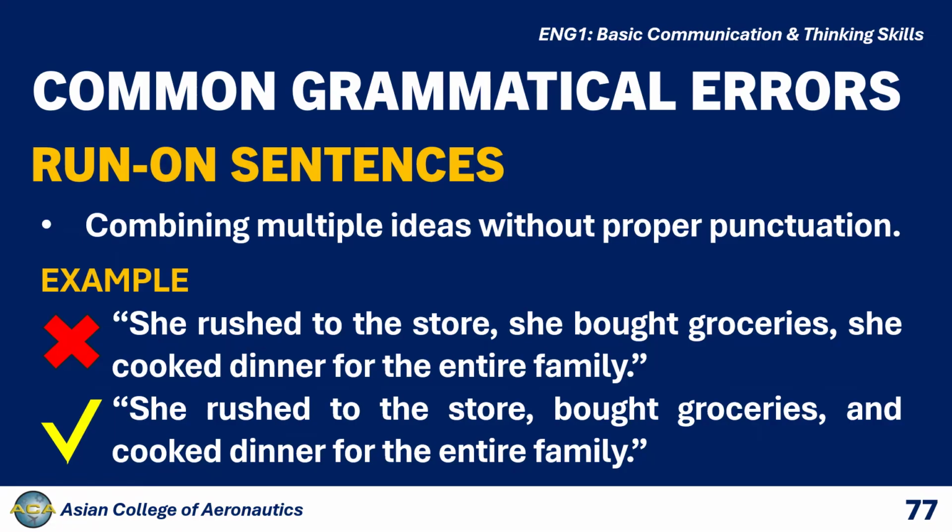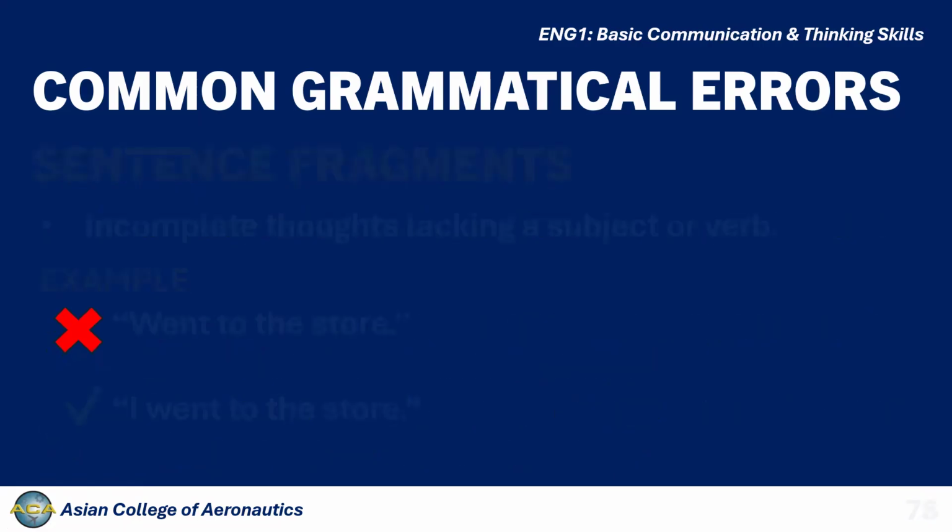To fix this, you may write: she rushed to the store, comma, bought groceries, and cooked dinner for the entire family. So you have to use proper punctuation, which is the comma. That's why you can eliminate the usage of she multiple times, because again, you use the comma already. That is an example of run-on sentences.